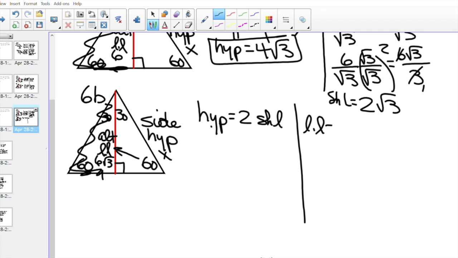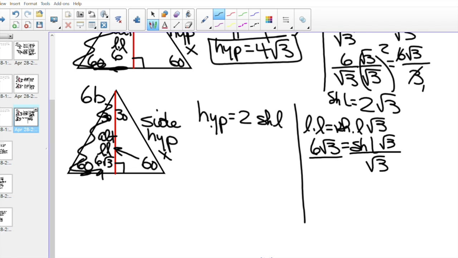The longer leg is the shorter leg times the square root of 3. Now, the longer leg this time is 6 square root of 3, which equals shorter leg times the square root of 3. Divide by the square root of 3, and the shorter leg is 6.